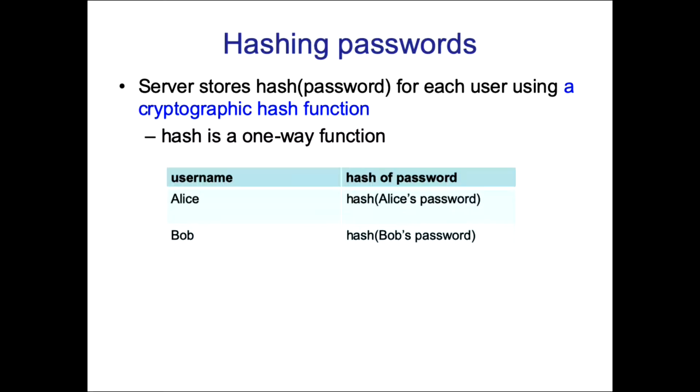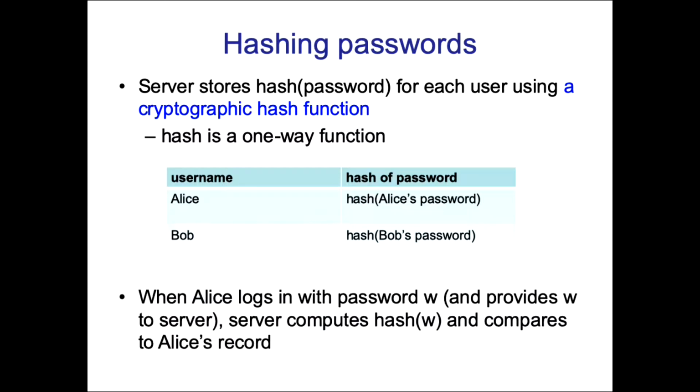But then you also have the functionality you want, because when Alice logs in with the password W and provides W to the server, the server can compute the hash of W and check for equality with the hash in the database. So the server takes the password that Alice supplies, computes the hash of the password, and checks it against the one the server has stored in the database.